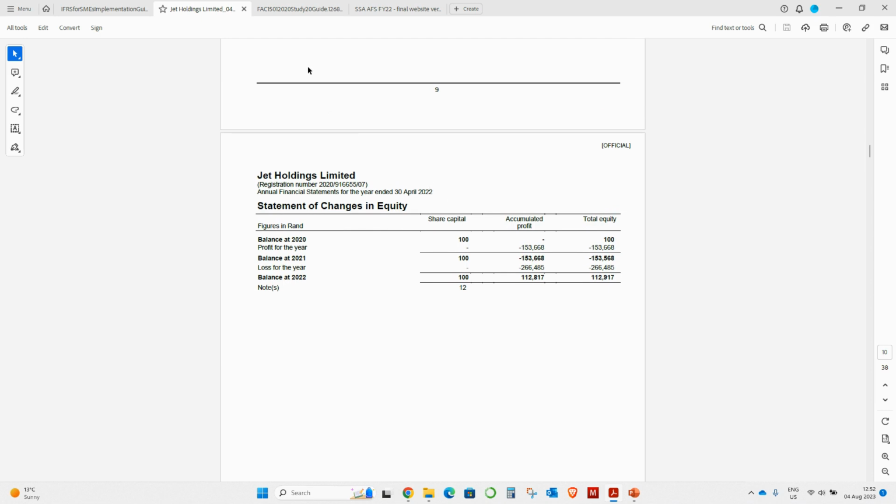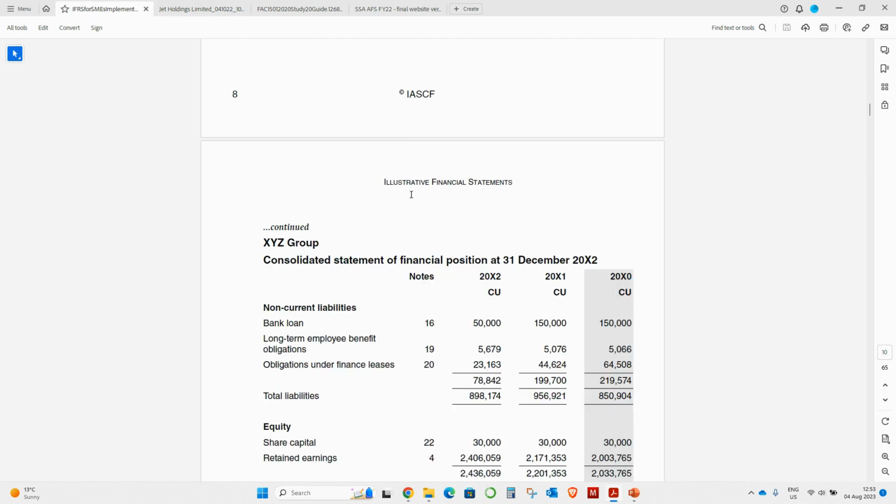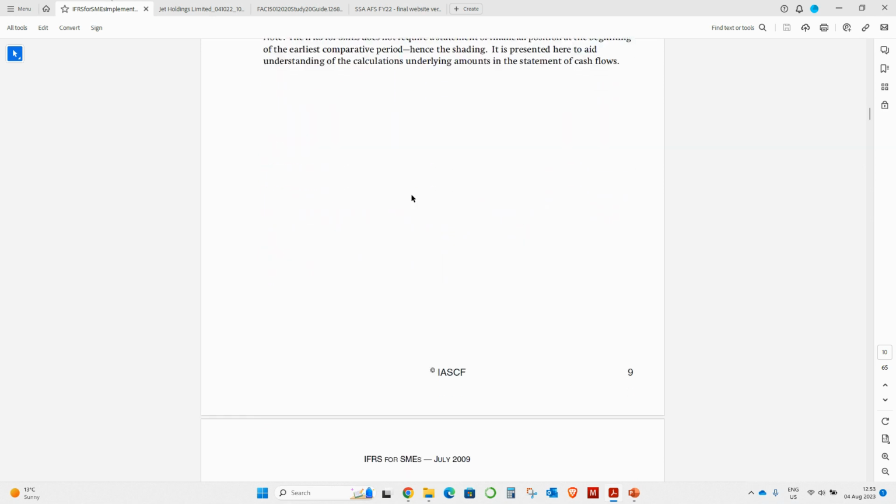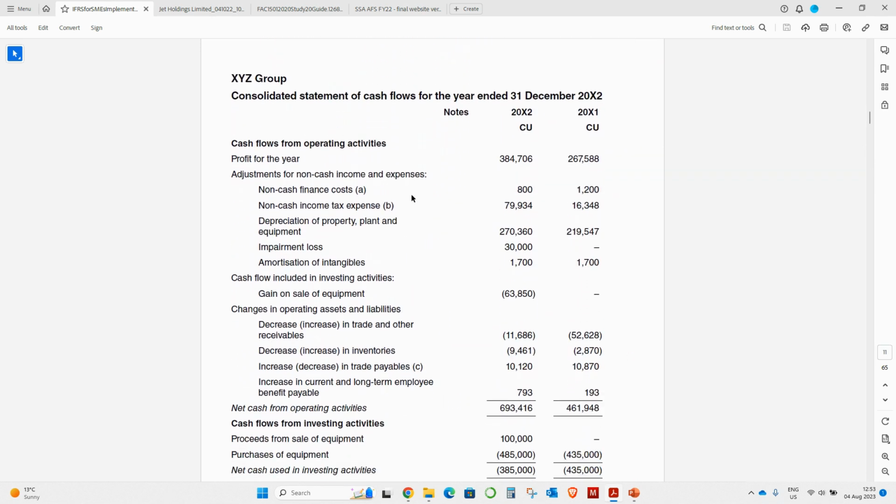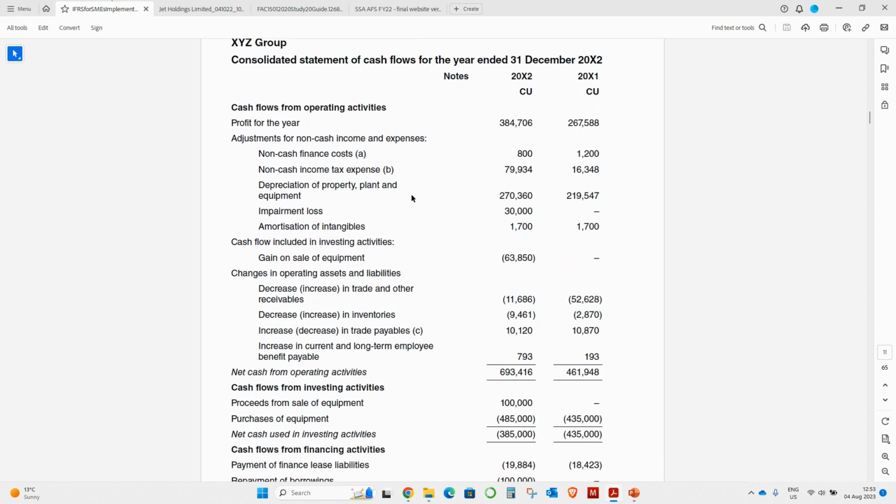And then the last component of your financial statements is the cash flow. Let's just move on to the cash flow. Cash flow is the movement of cash during the current year.